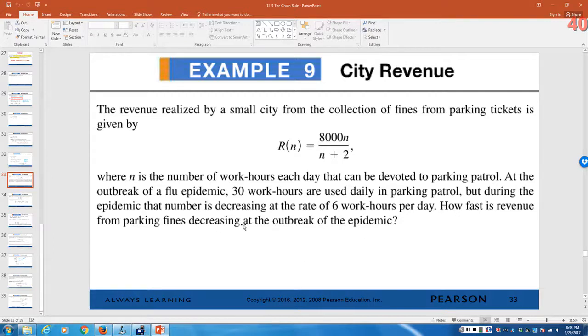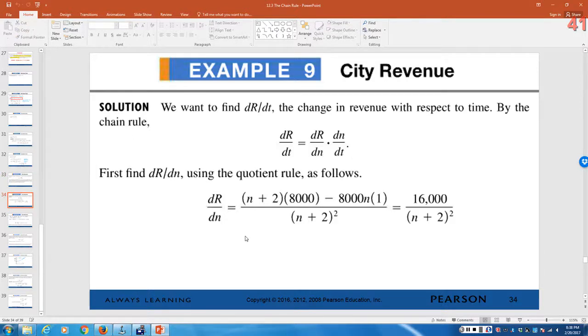How fast is it decreasing? Those words should trigger that I'm looking for a derivative, a rate of change. I need a derivative of something. What you want to do is take the derivative of revenue with respect to time.